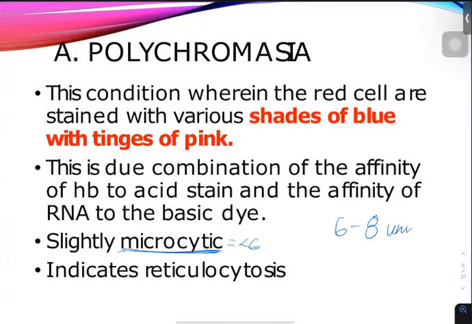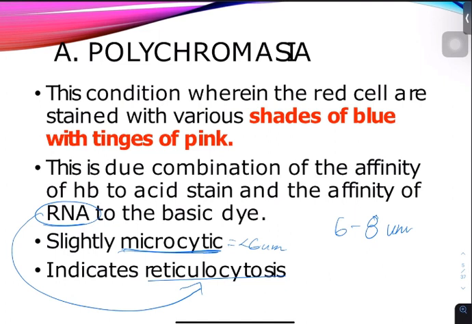Usually polychromatic cells are microcytic. It also indicates reticulocytosis. We only see RNA in your retics, so if you suspect the patient has polychromasia, you can consider this cell a reticulocyte. Retics contain the RNA in the peripheral blood; your normal RBC doesn't have RNA.